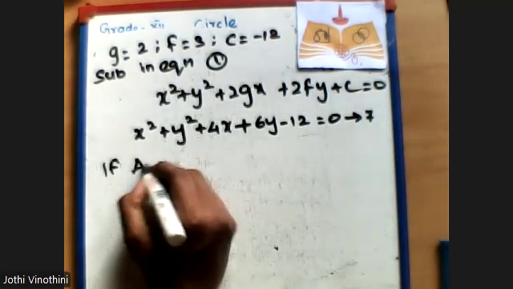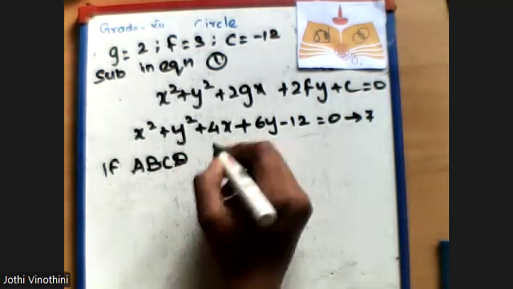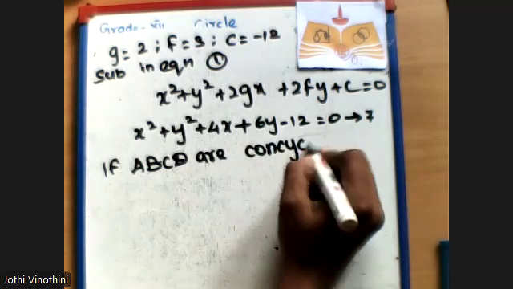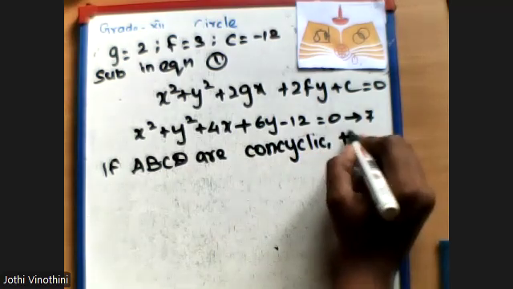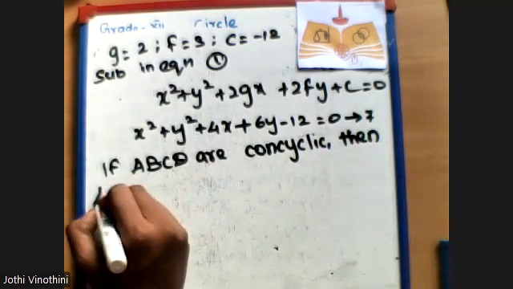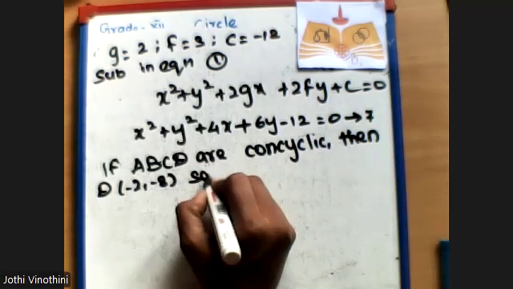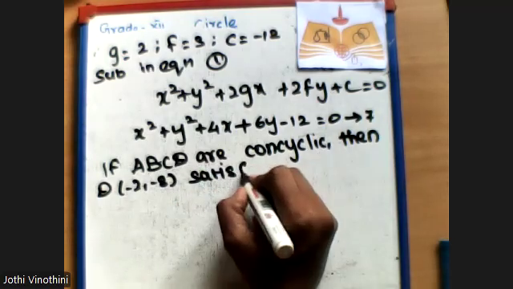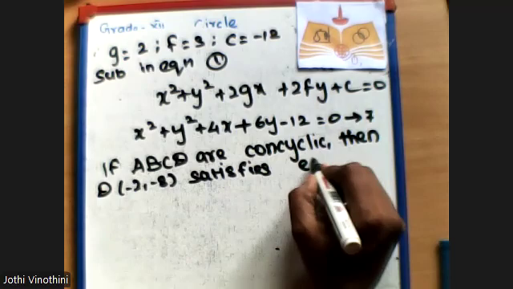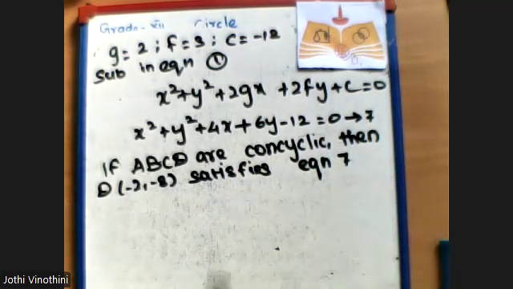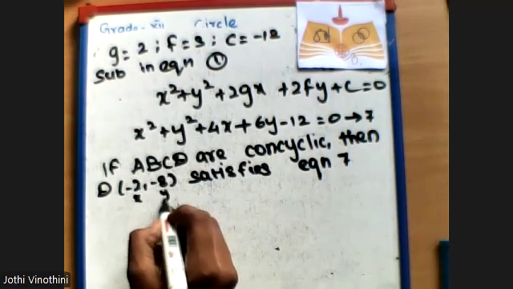If A, B, C, D are concyclic, then D, which is minus 2 comma minus 8, satisfies equation 7. EQN is equation, right? The above equation 7. It will be x, it will be y.